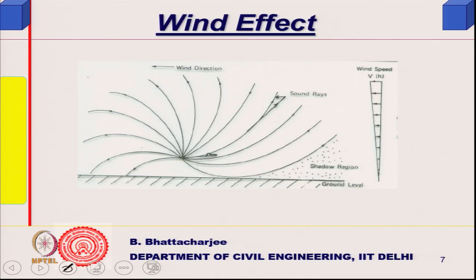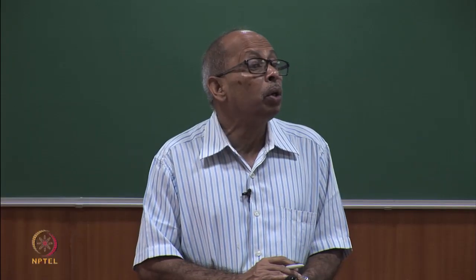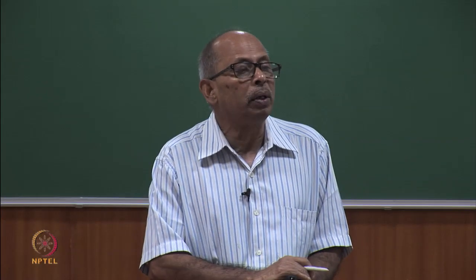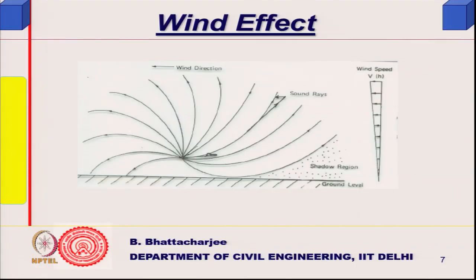Then we said that there will be some effect due to wind. If there is wind, the velocity of wind will have a tendency to distort the spherical wave front, because the sound rays will propagate along this direction. Now, since the velocity at the top is higher than the velocity at the bottom, it will tend to push it more at the top compared to the bottom. So, the net effect is a vector of these two together, and it will try to bend the rays.